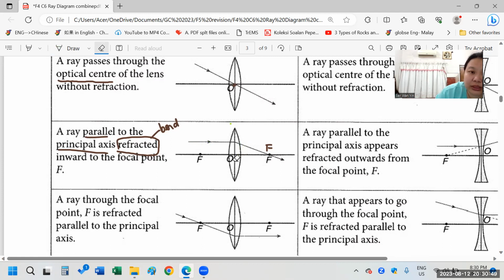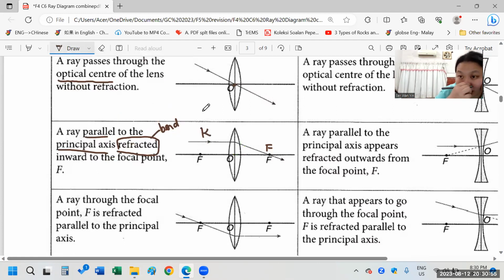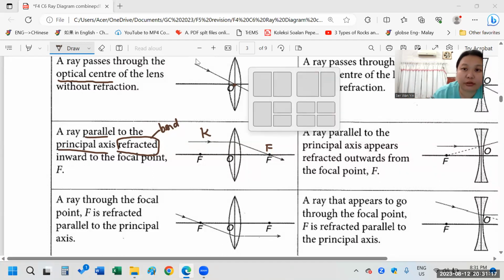Actually, there are many ways to memorize. Another way is to use a sentence to remember, but sorry, I am not good at that. So I would like to use the ray diagram. My YouTube channel name is Jenkuser. Later I will upload the link for you.